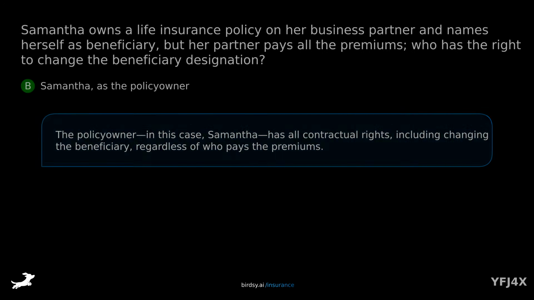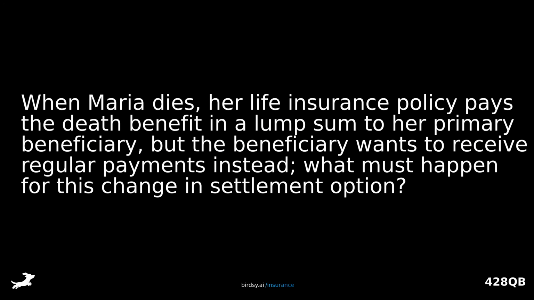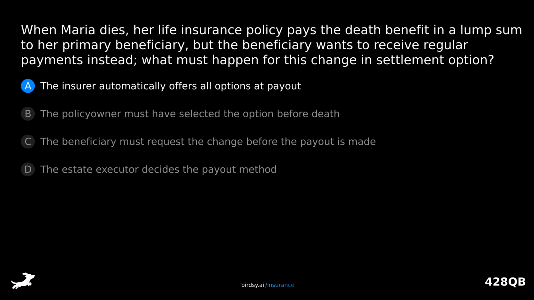premiums. When Maria dies, her life insurance policy pays the death benefit in a lump sum to her primary beneficiary, but the beneficiary wants to receive regular payments instead. What must happen for this change in settlement option? Is it A. The insurer automatically offers all options at payout, B. The policy owner must have selected the option before death, C. The beneficiary must request the change before the payout is made, or D. The estate executor decides the payout method?